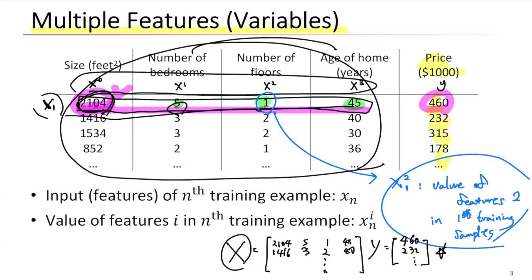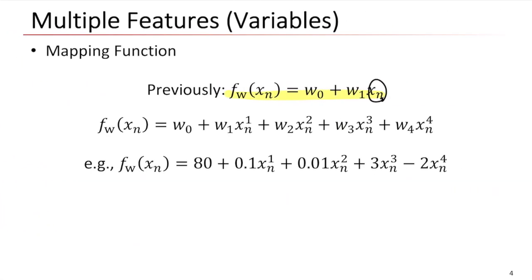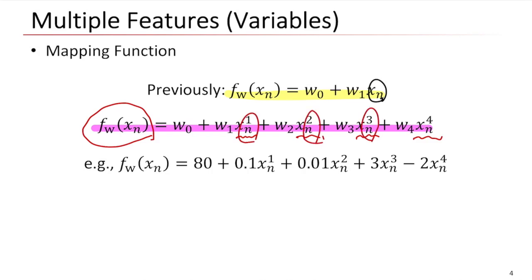Because we have four kinds of input variable, the mapping function can be represented like this. So this is input 1, input 2, input 3, and input 4. The estimated value should be represented by these four kinds of x variable, the input variable, with the coefficients, something like this.